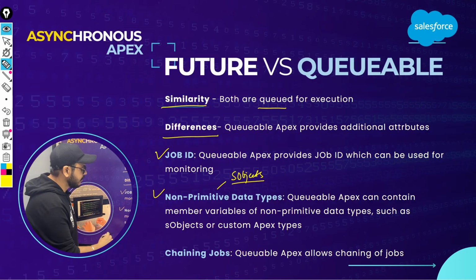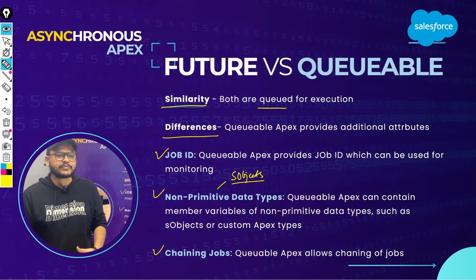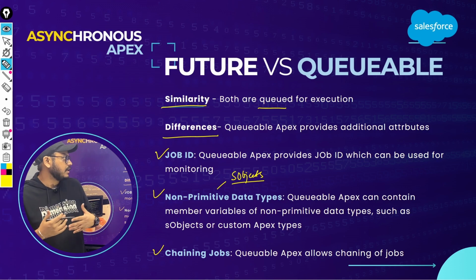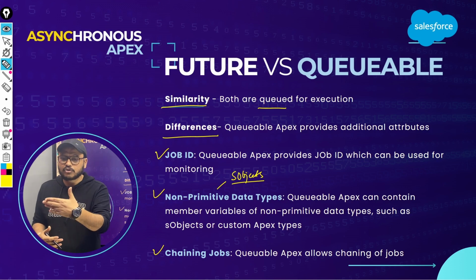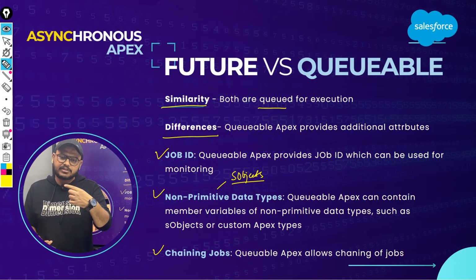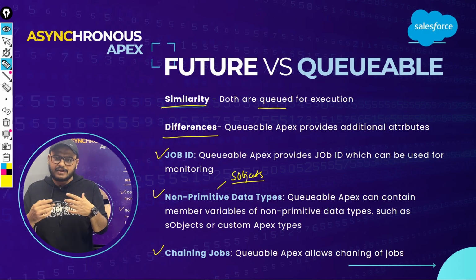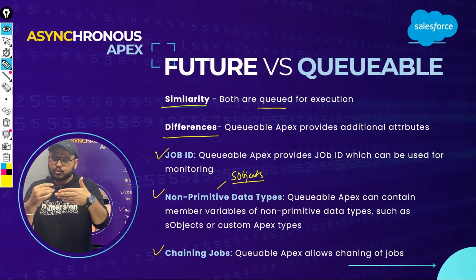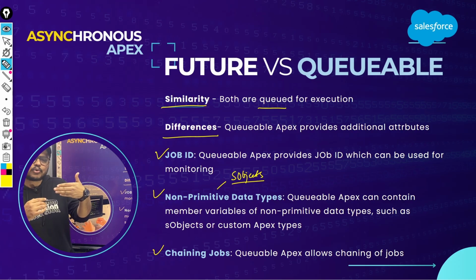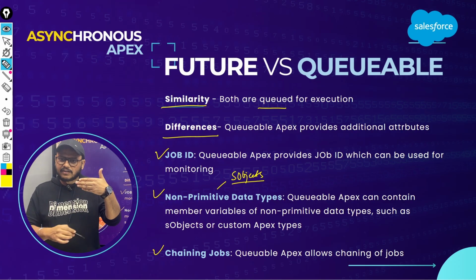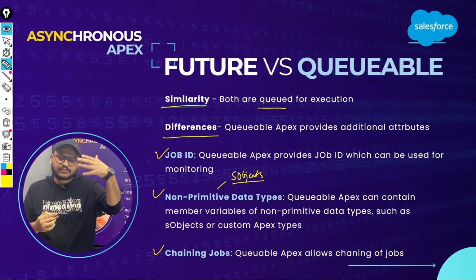And the third difference is about chaining of jobs. With Queueable Apex, you have the option of chaining jobs. From inside one job, towards the end of that method, you can call another Queueable Apex.